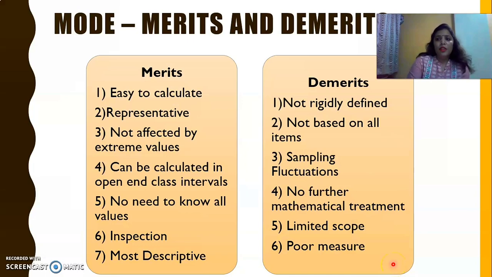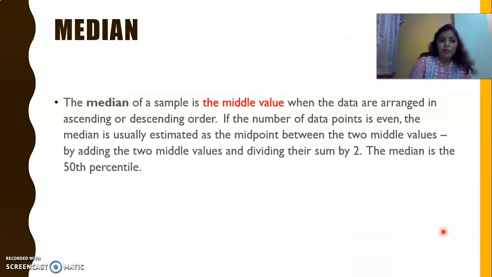So next comes your median. So median means any value which divides a particular data set into two equal parts. So when we want to calculate median, first of all the observations are to be arranged in ascending order or descending order, and the value which lies in the middle is your median value, right?